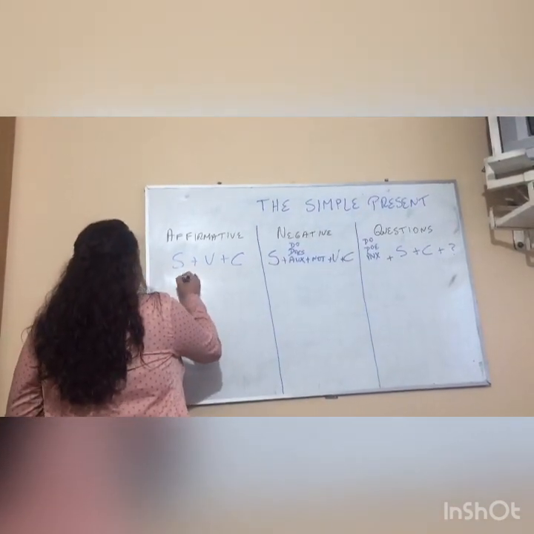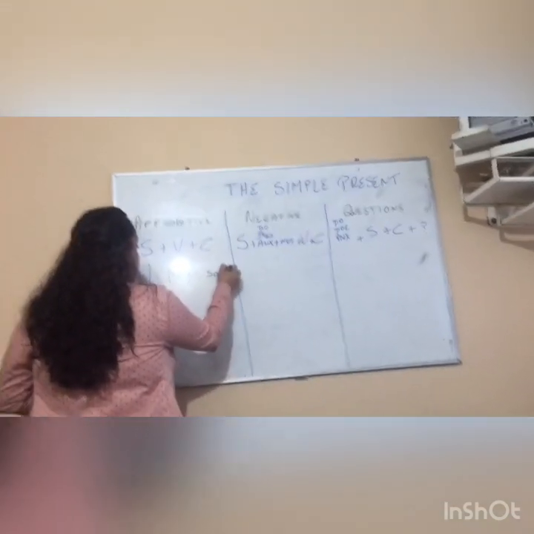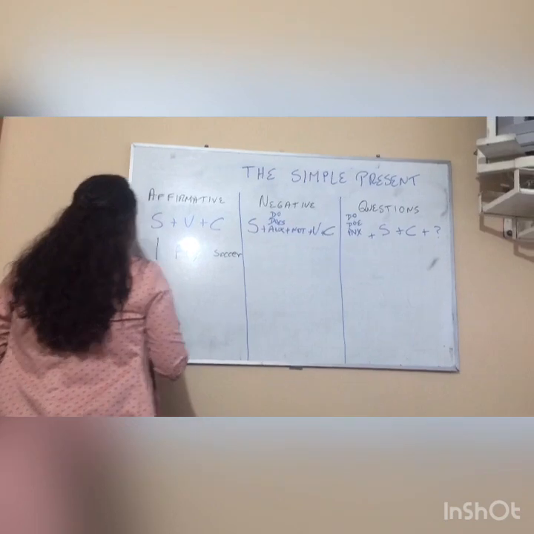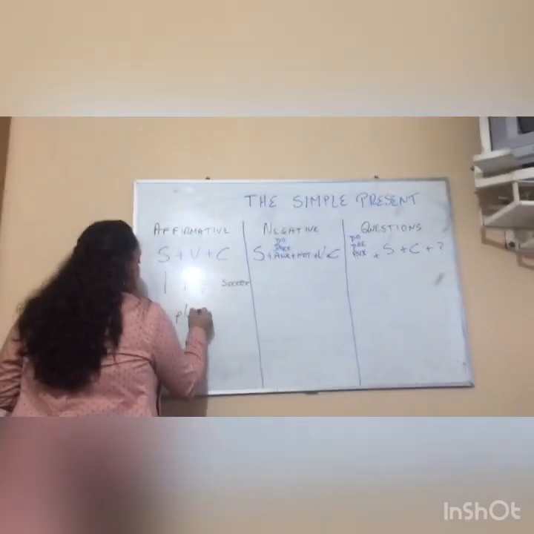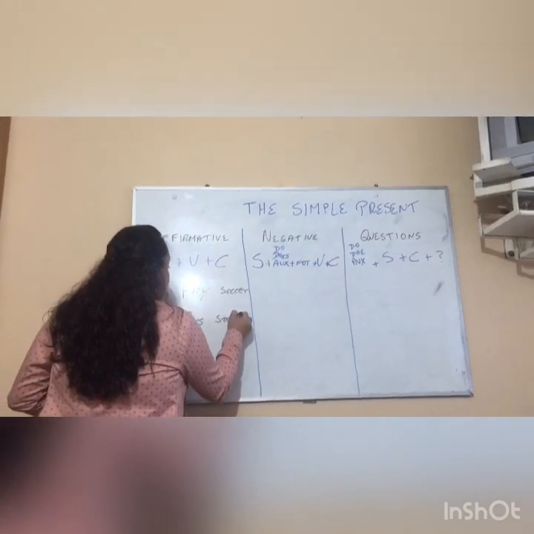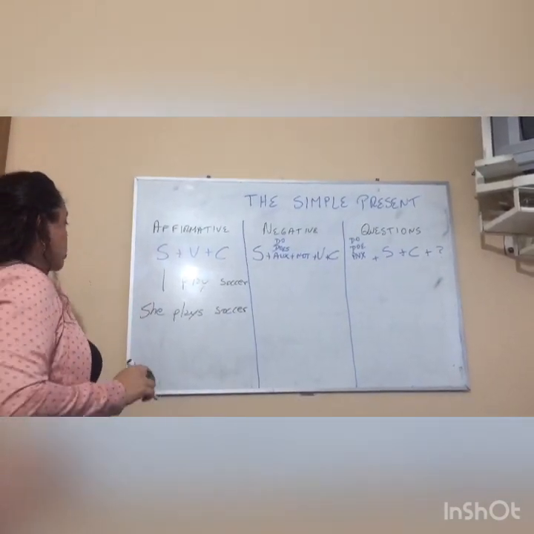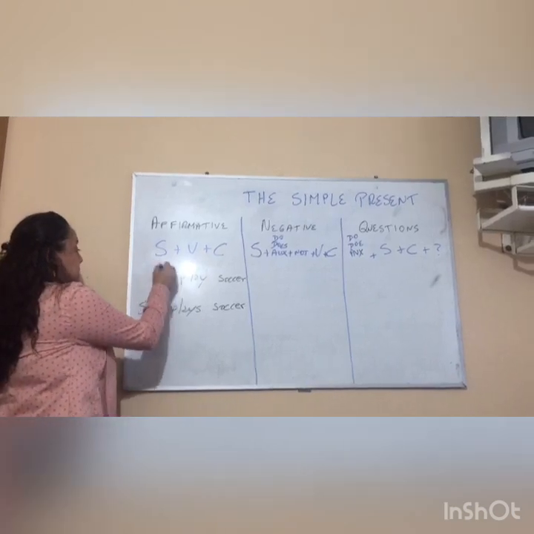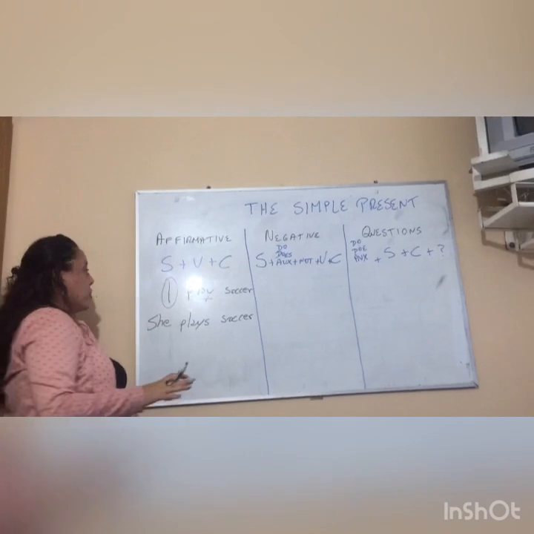For example, I play soccer, and she plays soccer. Why did I give this example? Because when we have the first person, we use the verb in the regular way.